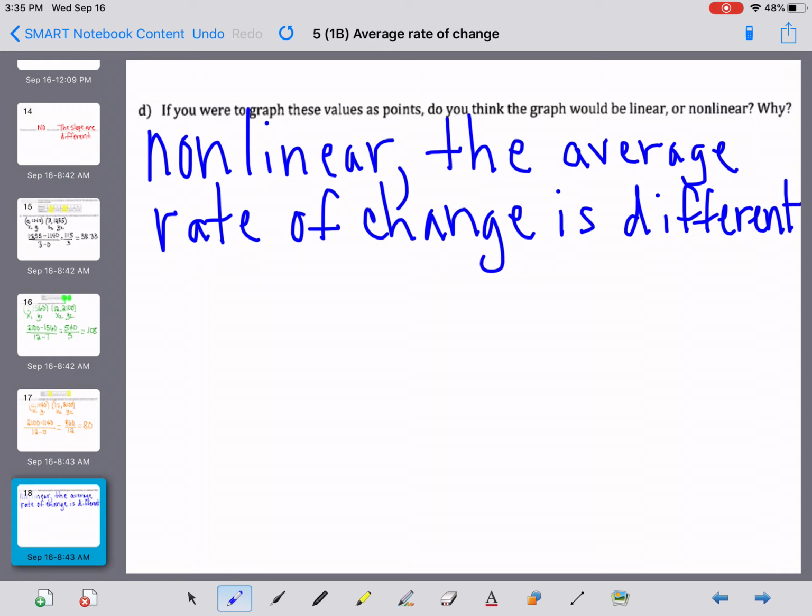It would have to be the same. I'm going to try to put a period in there. It would have to be the same value. The average rate of change would have to be the same value for each of those increments, and they are not. So it would not be a linear graph if we were to graph it.